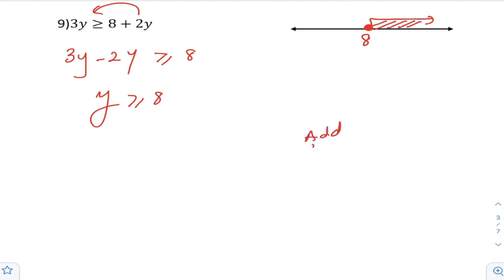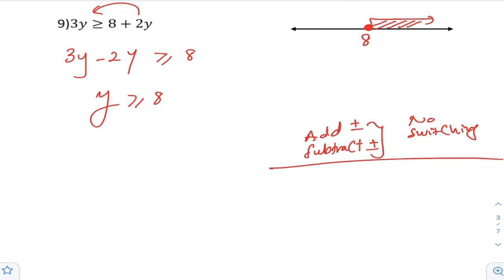Now, this is the summary of the inequality. If you add or subtract any number to the inequality, it will not affect the sign, no switching. Even if you add a positive number or negative number, subtracting a positive number or negative number, it will have no effect.